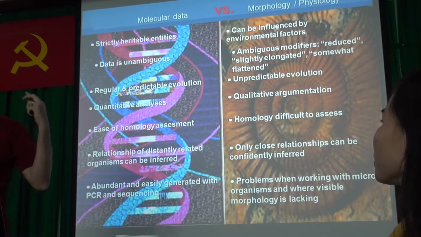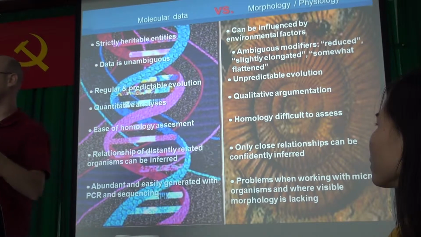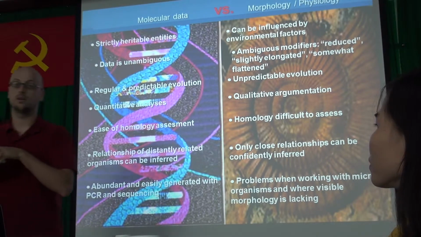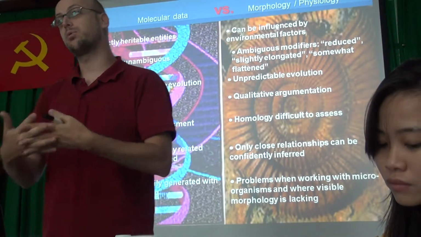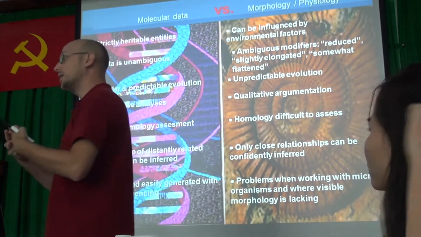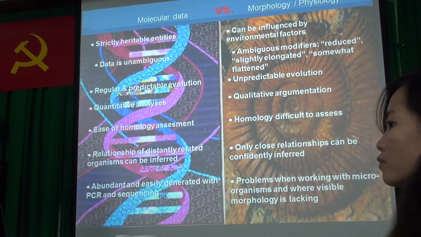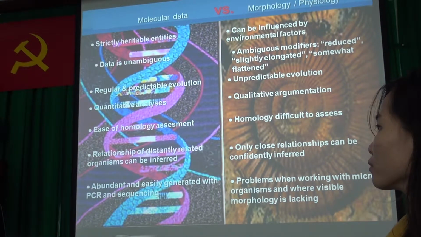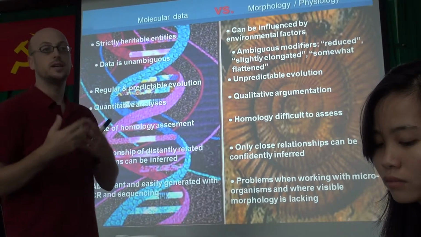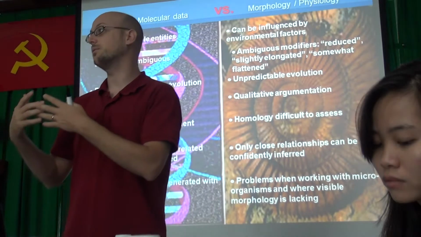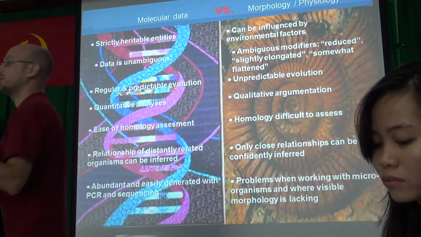And there are many problems with looking at evolution through morphology or physiology. One of the problems, for example, is that a lot of the morphology and physiology is determined in part by the habitat or by the environment.